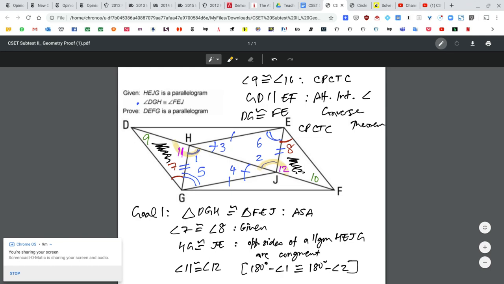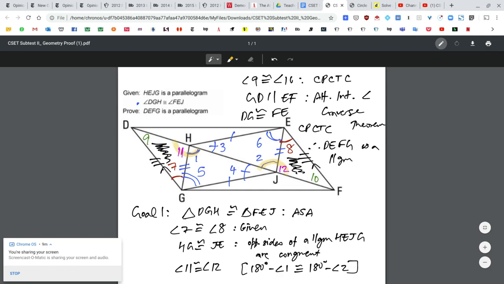So we now have demonstrated that these two sides, I should use 3 dashes, are both parallel and congruent. Therefore, DEFG is a parallelogram.